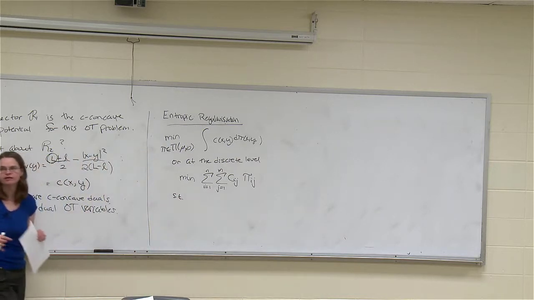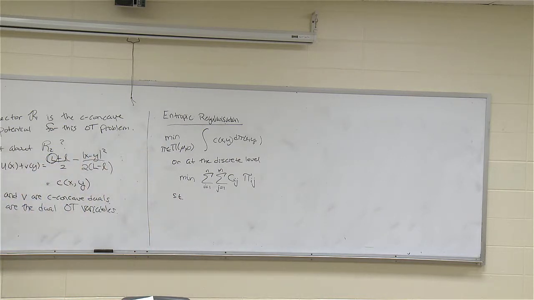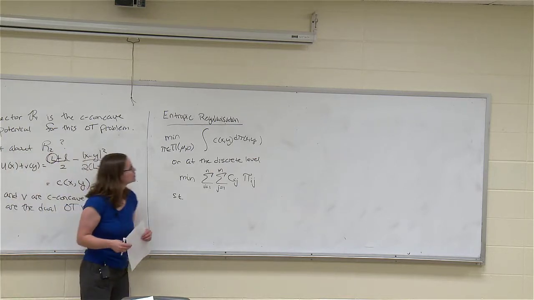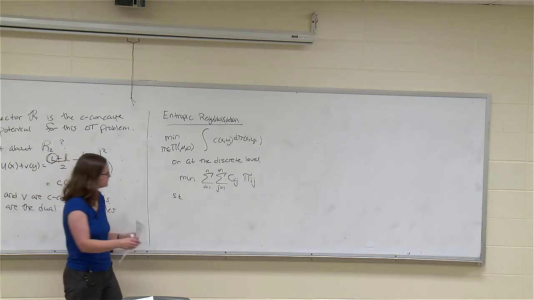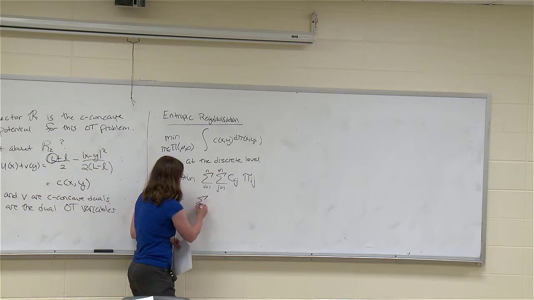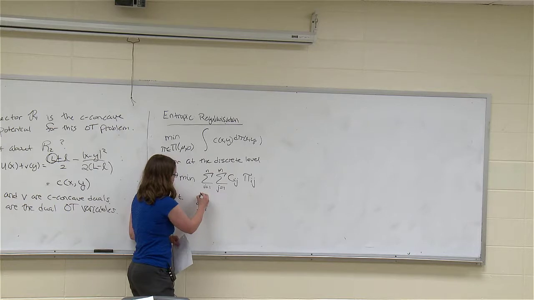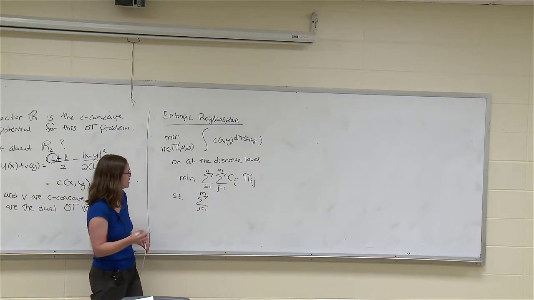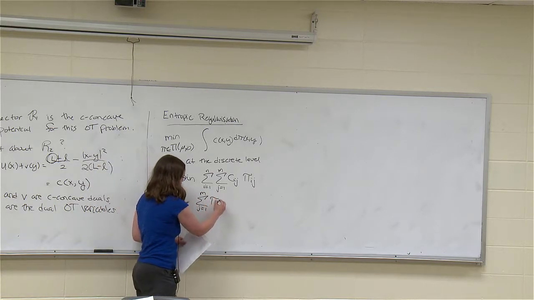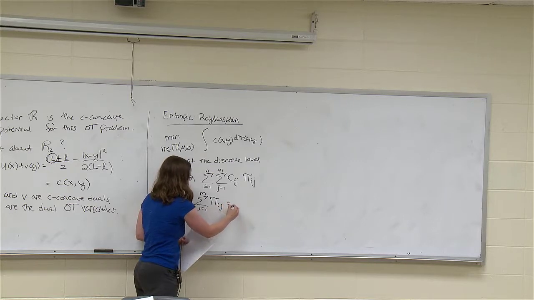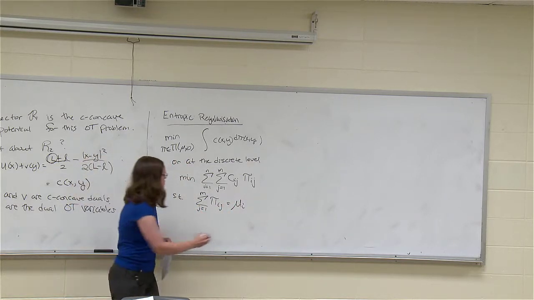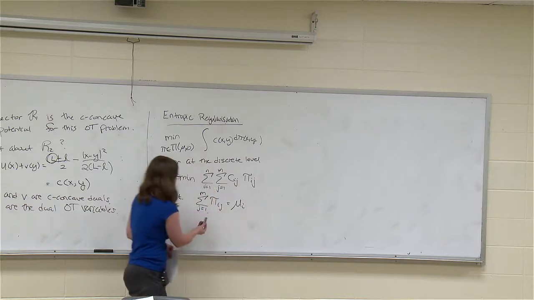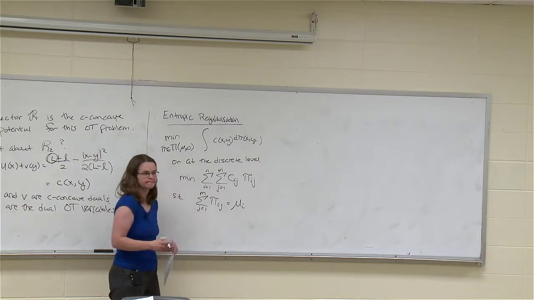Our constraints are that pi has to have the right marginals. Right? So if we integrated away all the y dependence, we should get the measure that we started with on x. Okay, so integrating away all the y dependence means summing over j. And this should be equal to our measure on x. Okay, and we've got to do this at all different values of i.